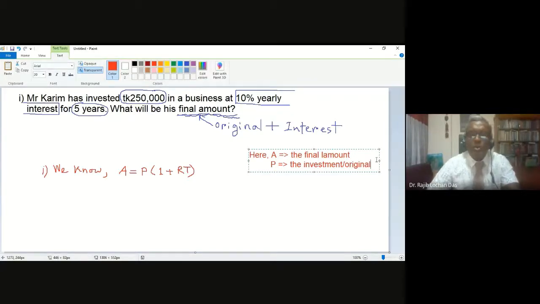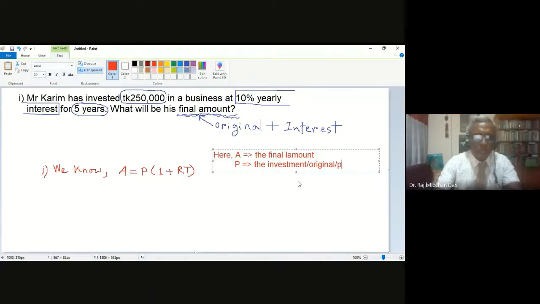Another word is also used sometimes, principal. P is actually coming from principal amount.